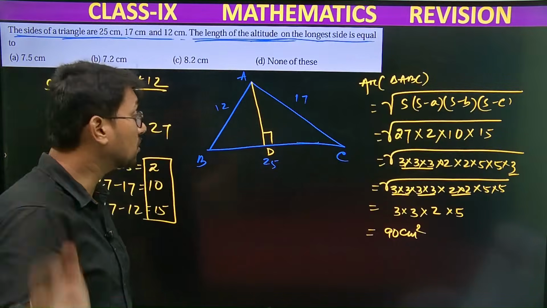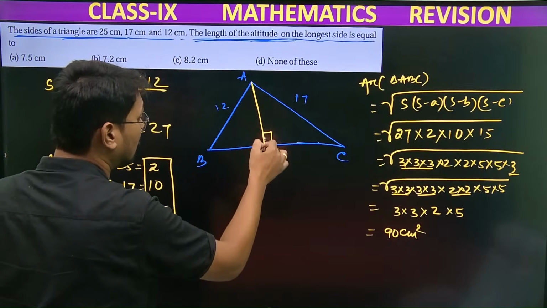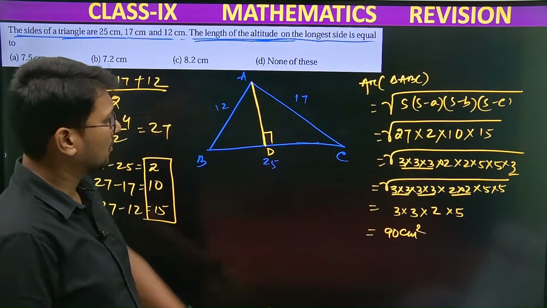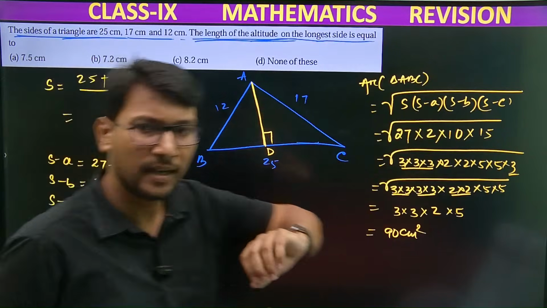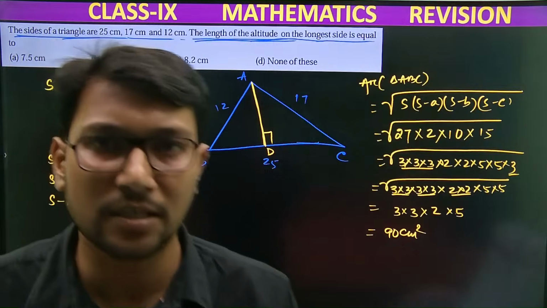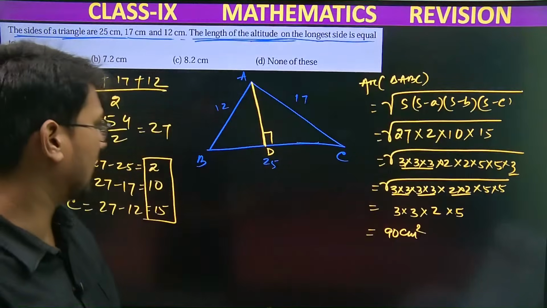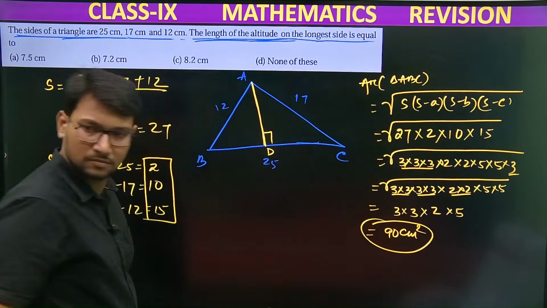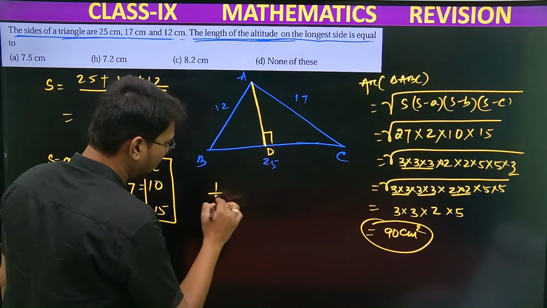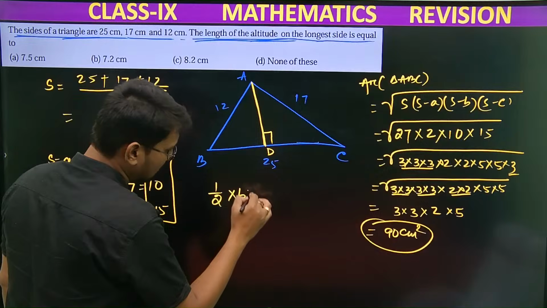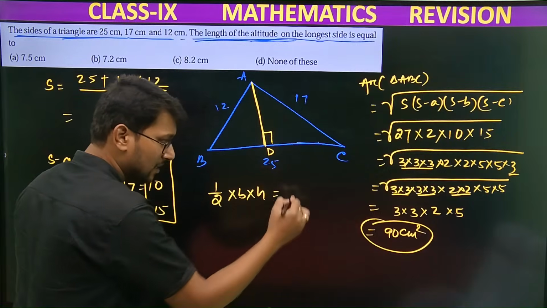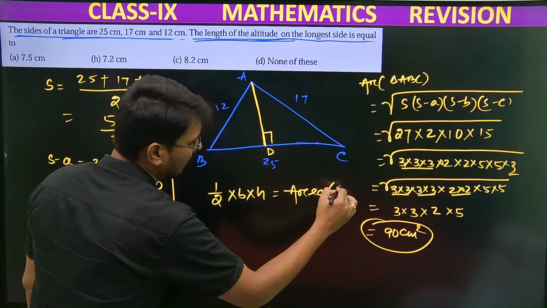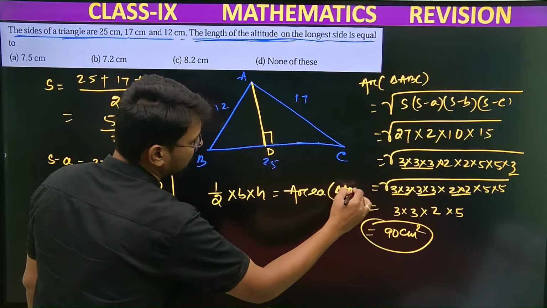But the question is asking about the length of the altitude with respect to the longest side. Also you know the area of a triangle is half into base into height. By Heron's formula we have got the area 90. If I use half into base into height, that is also the area of triangle ABC.